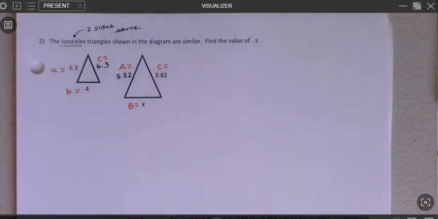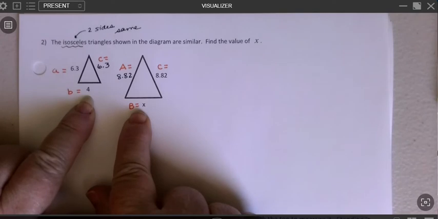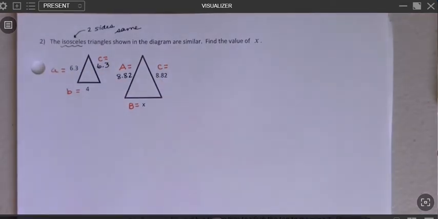All right, I'm ready to set up my proportion. And I'm going to notice that my unknown here is going to be one of the B's. So I definitely want to include the B's. And I can go with either the A's or the C's. They're actually identical in this case.